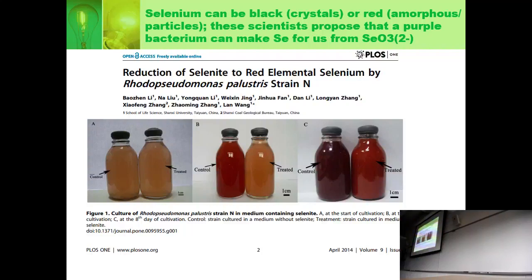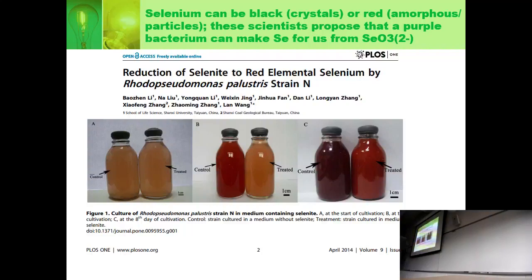And if you look over here at the control versus treated, the start of cultivation, the control strain is in a medium without selenite, and the treatment is a medium containing selenite.